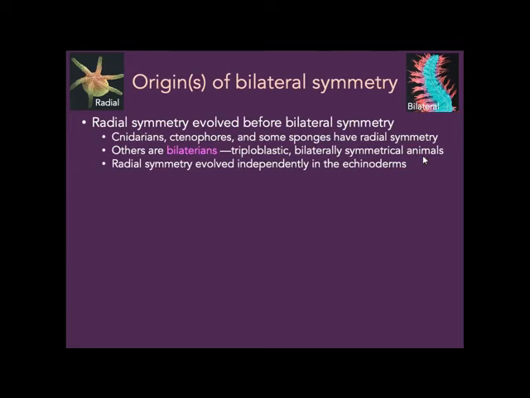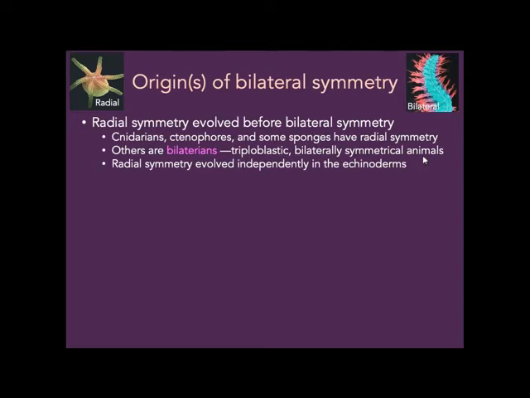Okay. So animals with bilateral symmetry are sometimes called bilaterians. And all of the bilaterians are triploblastic, so bilaterians are the clade of animals that are triploblastic, bilaterally symmetrical animals.